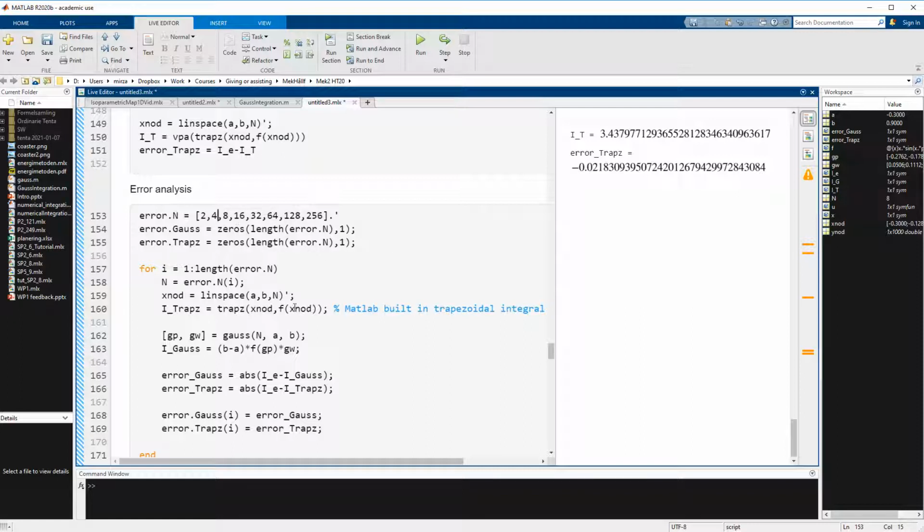And every time I'm doubling the amount of evaluation points, I'm gonna compute the error. I'm gonna store that in this error.n. I'm storing everything: the number of evaluation points, and the actual error for Gauss and traps.